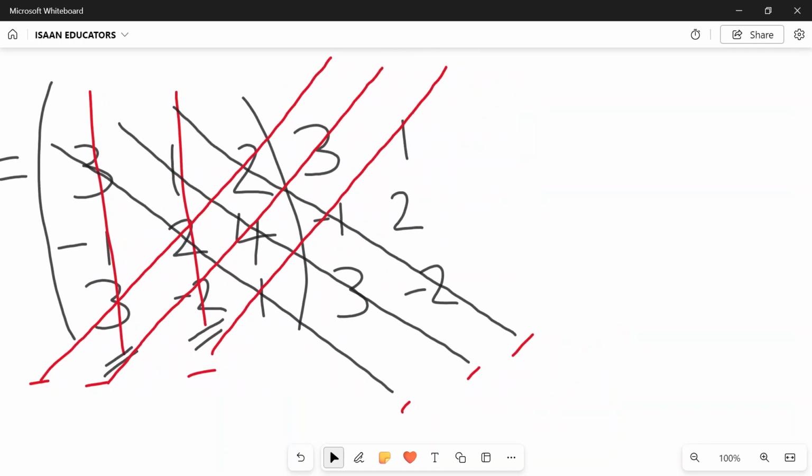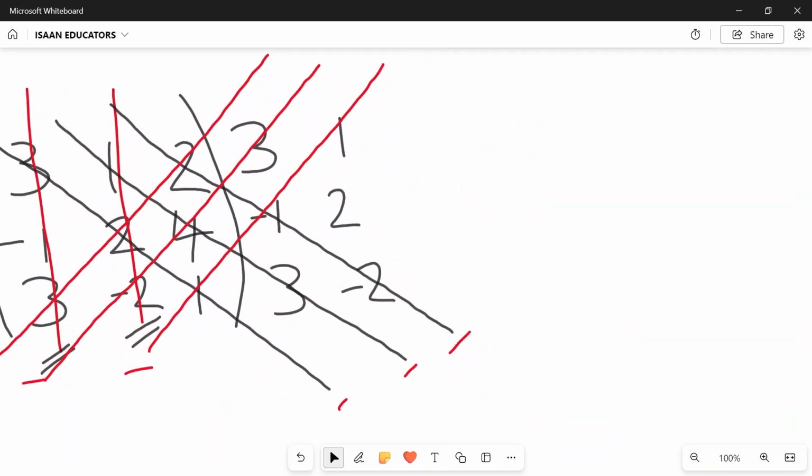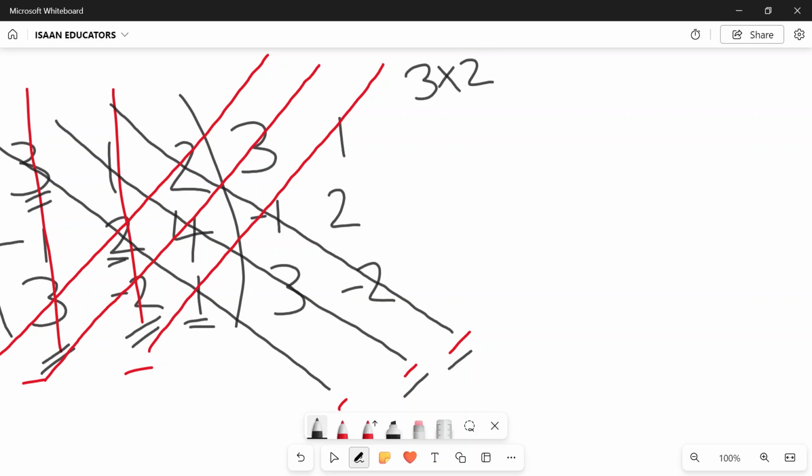The elements in the leading diagonal: we'll start with 3, multiply by 2, then multiply by 1.